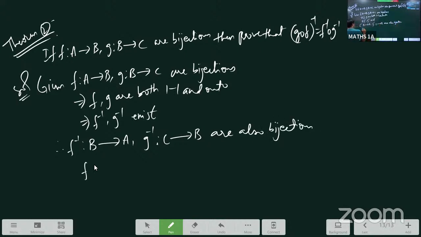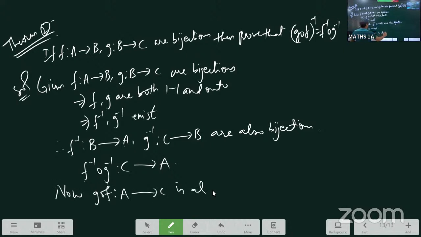Now let us write the composite function f inverse circle g inverse. The second function's domain will be the domain of the composite function, and the first function's codomain is the codomain of the composite function. And now g circle f is also a mapping from A to C and is also a bijection.